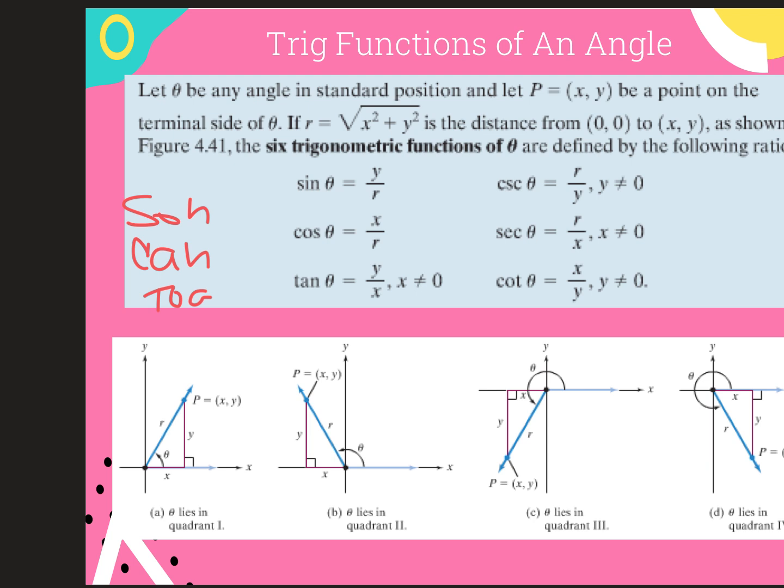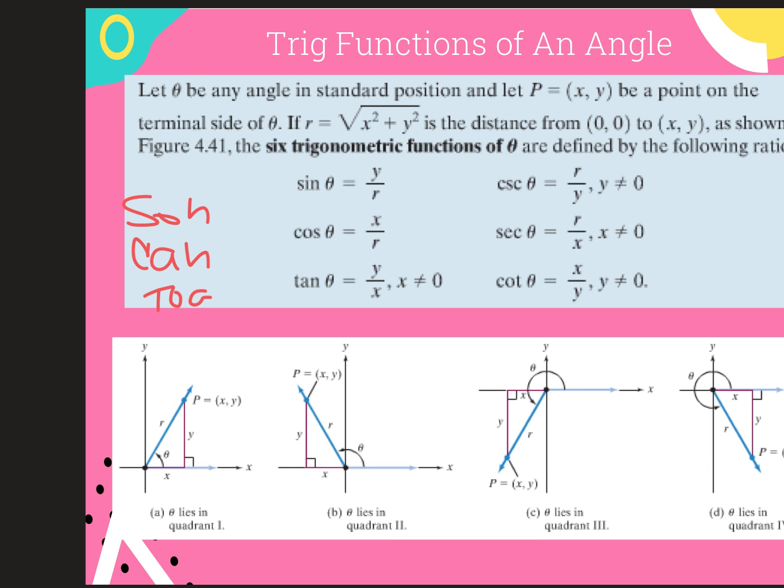Have you guys seen the reciprocal functions? On your calculator, above the sine button, it says sine -1. Those are inverse. That's how you undo. Reciprocal functions are different, okay?